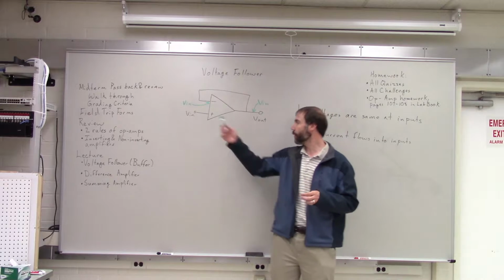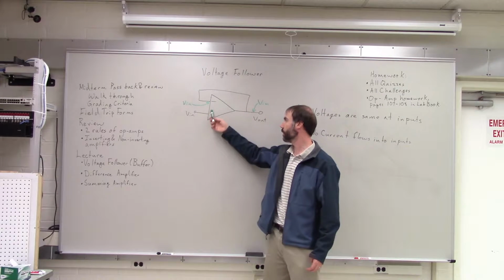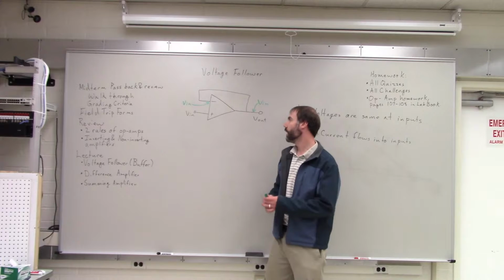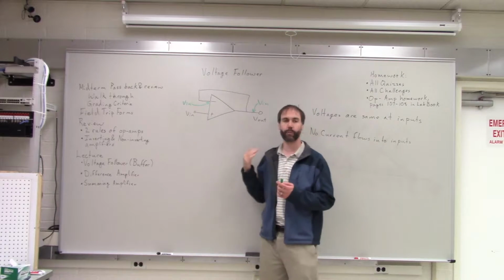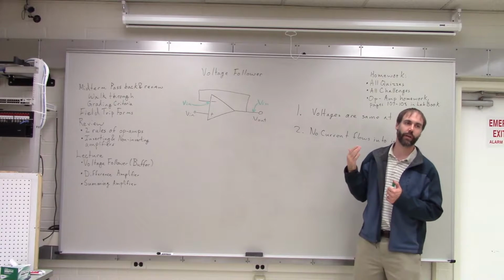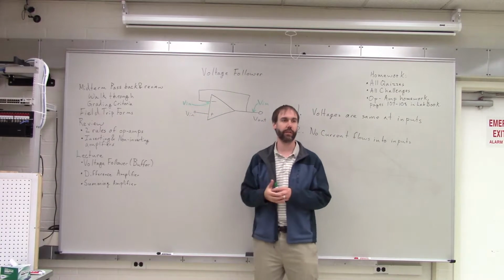If you have that very weak signal connected to this non-inverting input, this input has a very, very high resistance. That means that it draws hardly any current at all, right? So it's not going to affect your very weak signal.